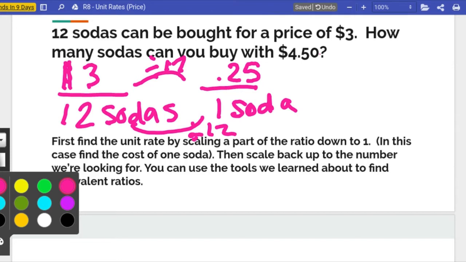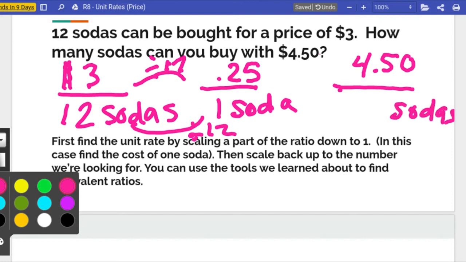So how many sodas can I buy if I have $4.50? So I'm looking for how many sodas. So what would I need to multiply? Now I'm scaling up. 25 cents by what to get $4.50? So in my head, I'm thinking, well, there's 4 quarters in $1. So there I have $4. So 4 times 4 is 16.